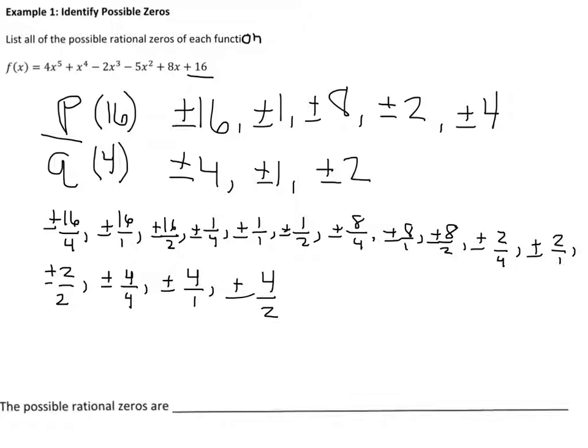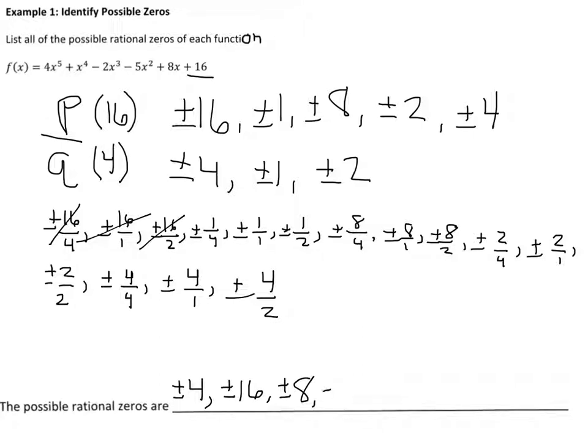Anything that repeats, we can get rid of. Plus or minus 16 over 4 is going to reduce to plus or minus 4. Anything that's equal to 4 we can get rid of. Plus or minus 16 over 1 is just going to be plus or minus 16. Plus or minus 16 over 2 is going to be equal to plus or minus 8.